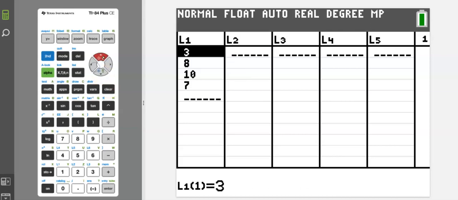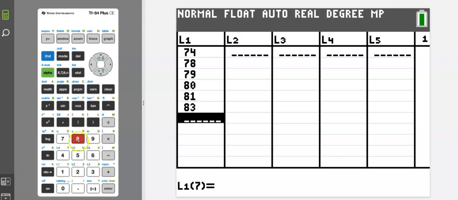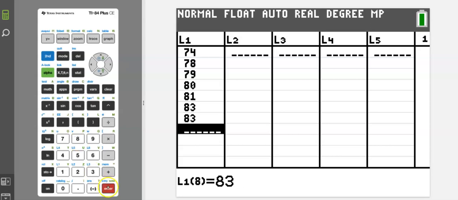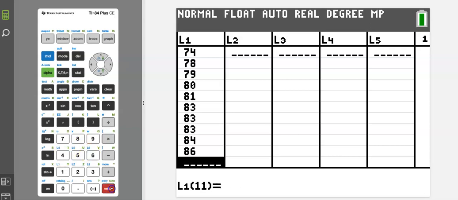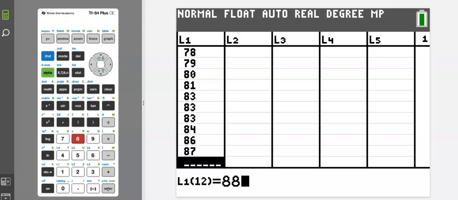We hit clear, arrow down, 74, enter all of our data points in. Make sure that you don't skip one. Make sure that you don't enter a data point in wrong. Because remember, when you enter things into your calculator, it's doing all of the work for you. So it can only make the calculations based on the numbers that you give it.